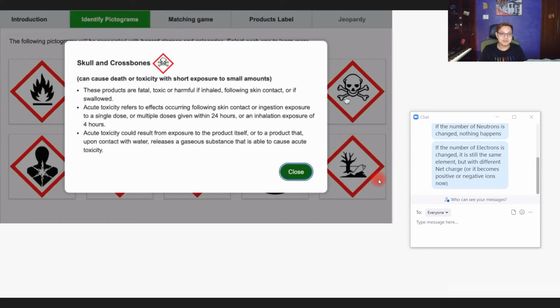Okay, skull and crossbone, it means deadly, or toxicity with short exposure. Fatal, deadly, toxic, harmful if swallowed or on skin contact. I saw that sign sometimes. Of course you did. There are things with that sign, for example rat poison, right? Poison to kill rats. People use rat poison to kill the rats that infest their homes.